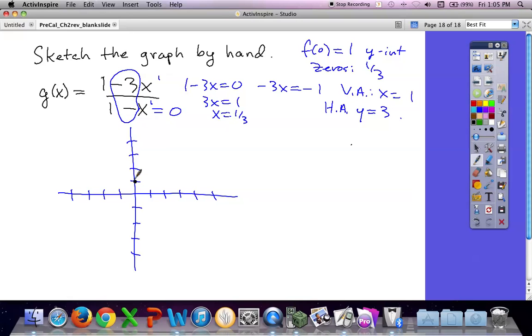The 0 is 1/3, that would be here. The vertical asymptote is x equals 1, that would be here. The horizontal asymptote is y equals 3, that would be here. And then the last thing is plot a few points, see what you find.